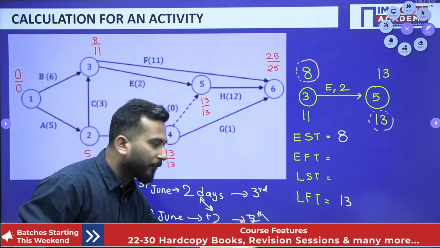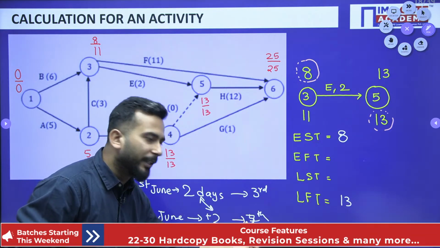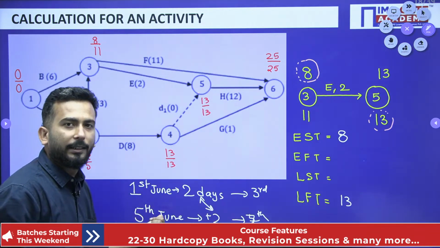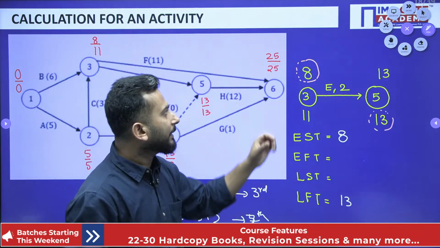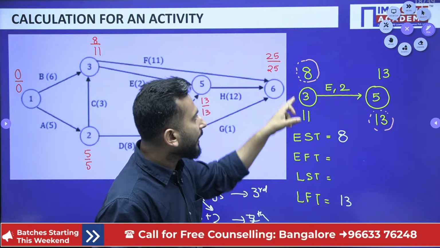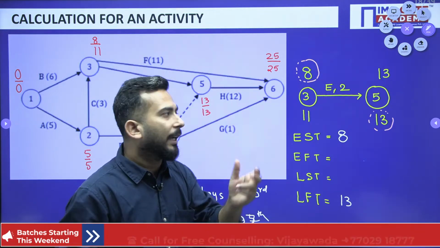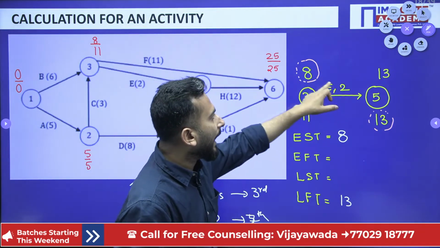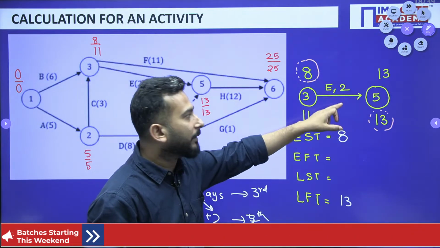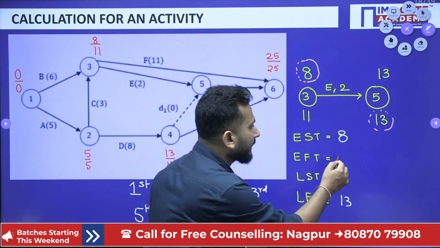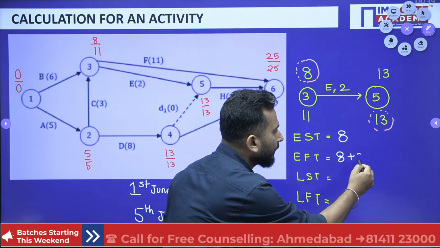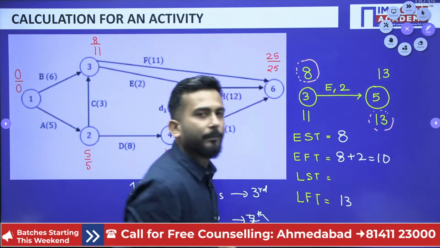And when you have finished late, you must have started late. So the concept is when you are starting early, at the earliest start time, you will finish also early. How will you finish? You will simply add the activity time. The activity time is 2. So 8 plus 2 is 10.